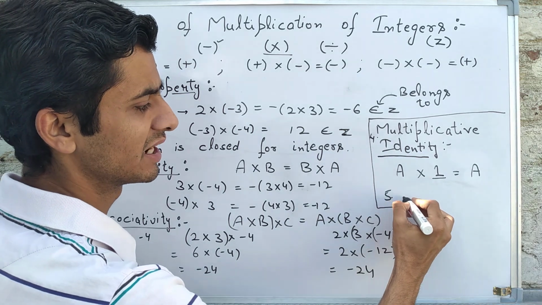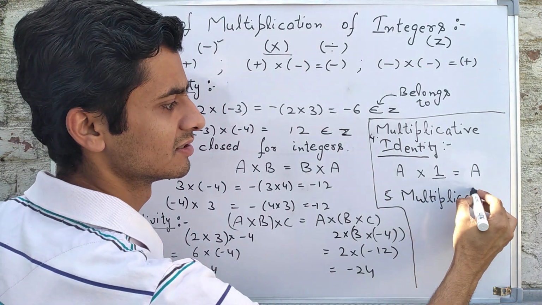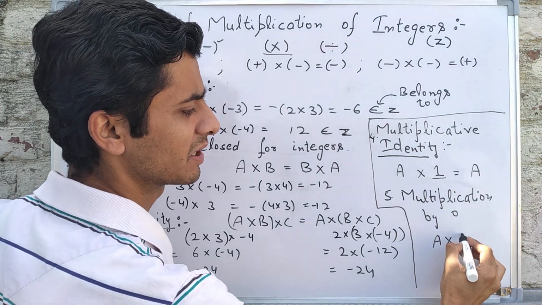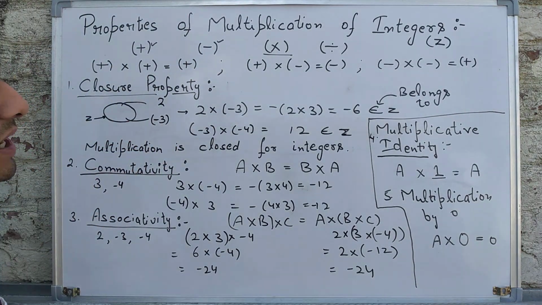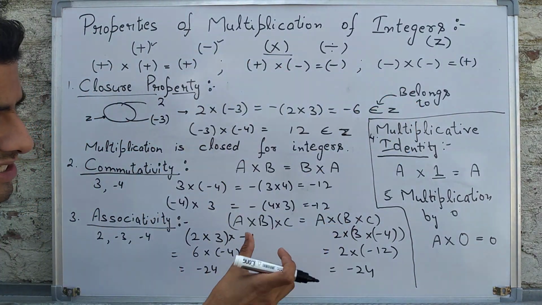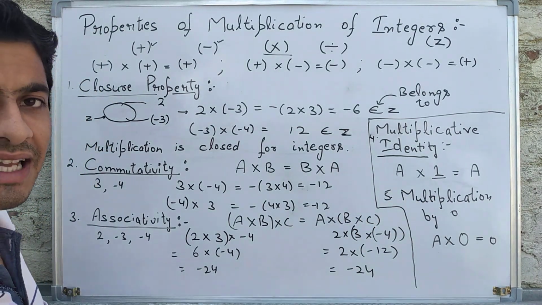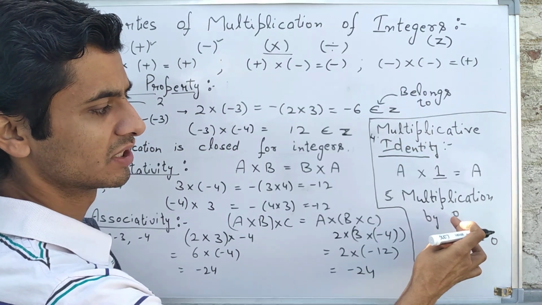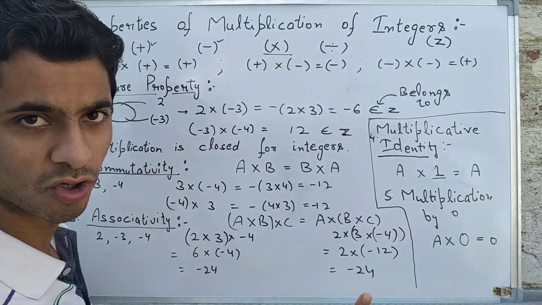And then multiplication by 0, obviously any number you multiply by 0, the result comes out to be 0. So for multiplication of integers, these are the properties we have learned so far. These properties can be used in different questions. If there is multiplication by 0 in any question, the answer would remain 0.